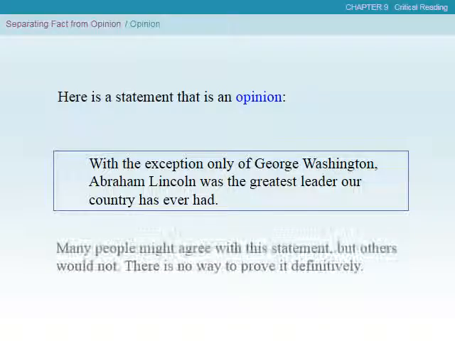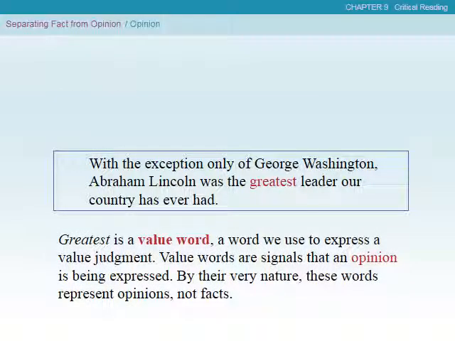Now, there certainly would be many people who would agree with you about this, and you certainly could have facts that would support your opinion, but it is still an opinion, right? Because whenever you say something like greatest or the best, it's automatically an opinion.